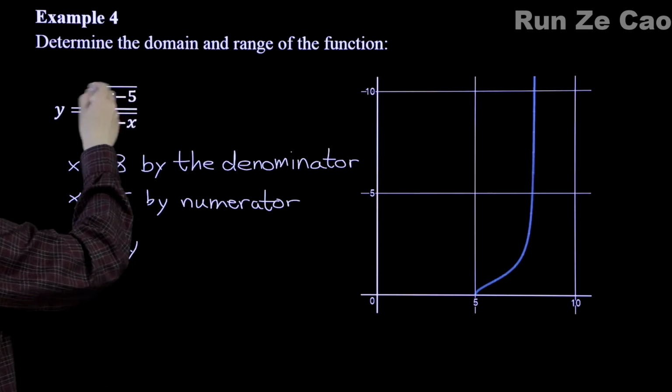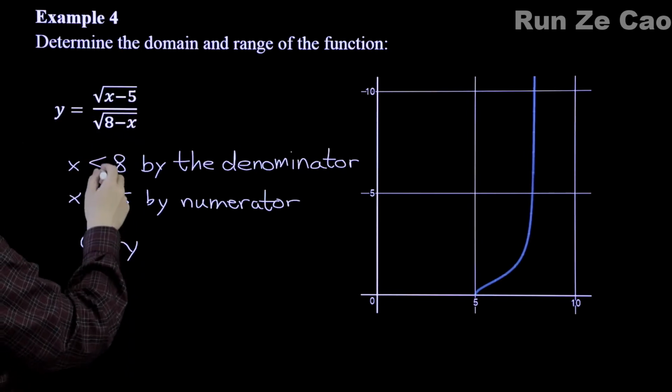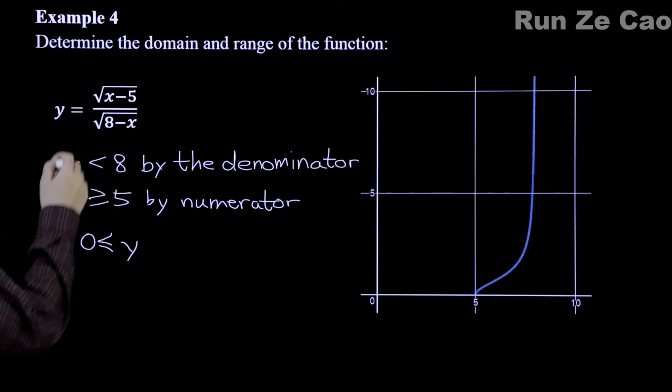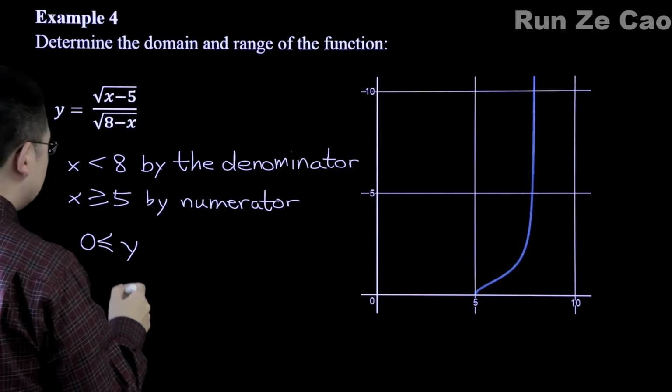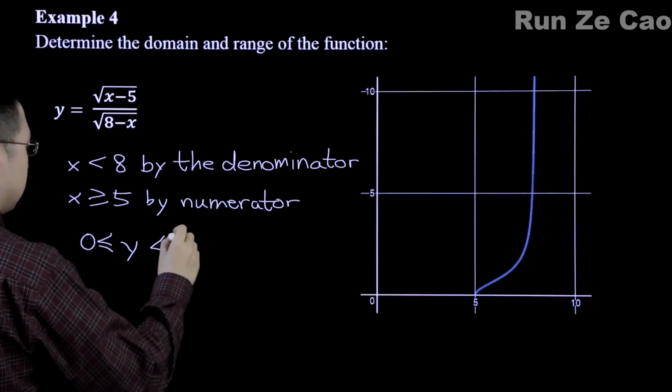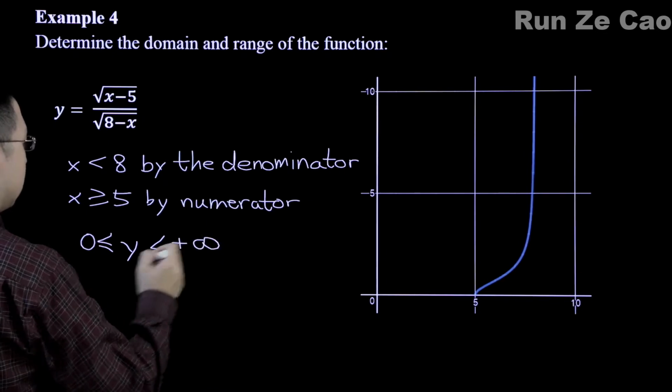I mean, as long as the top doesn't also converge to 0 at 8, which it doesn't. It happens to be converging toward root 3. So y is less than positive infinity.